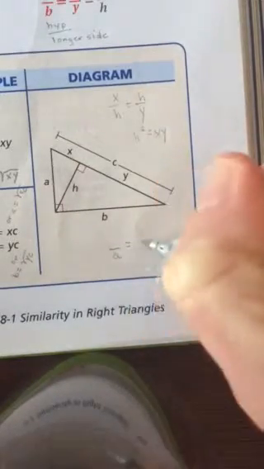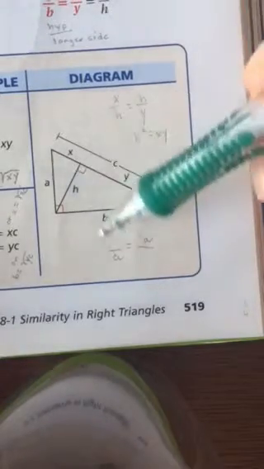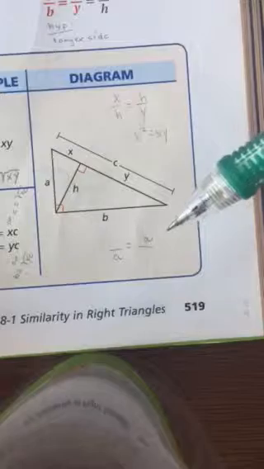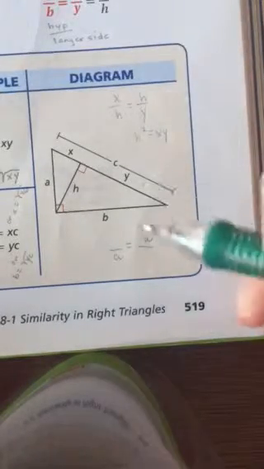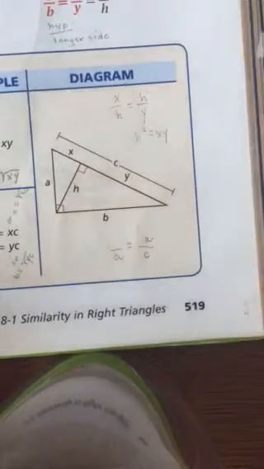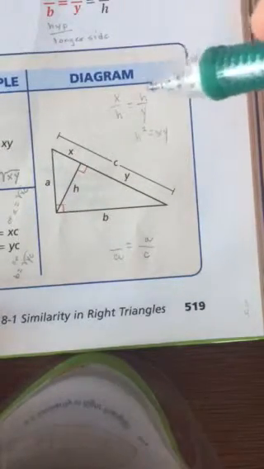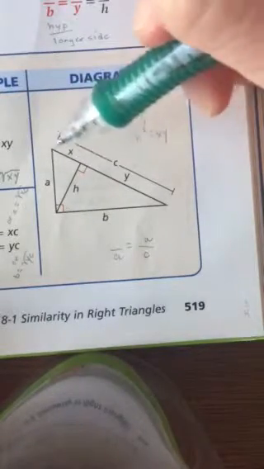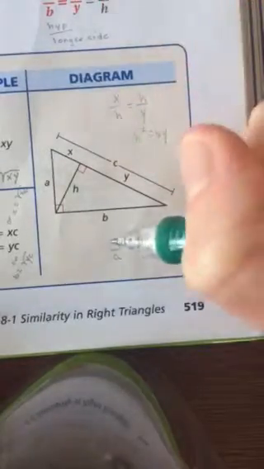We're going to put it in the geometric mean spot. The length of the leg of a right triangle is the geometric mean of the lengths of the hypotenuse. So one of them has to be the whole hypotenuse, which in this case would be c, and the segment of the hypotenuse that's adjacent to that leg. Now remember, adjacent means next to. So the segment of the hypotenuse that's adjacent to a is x.